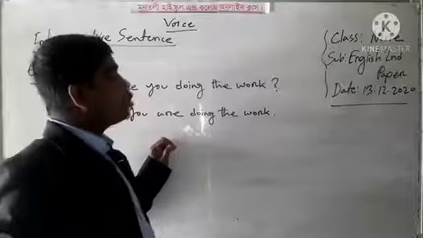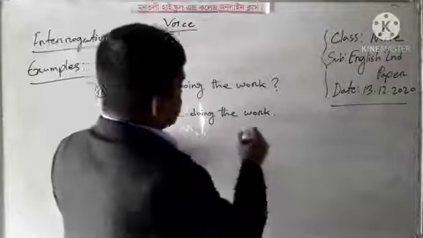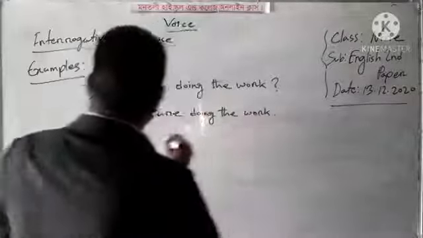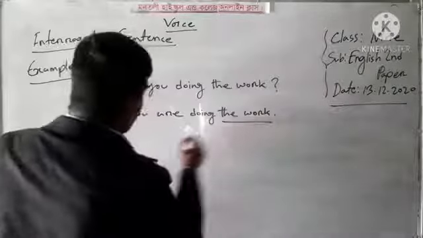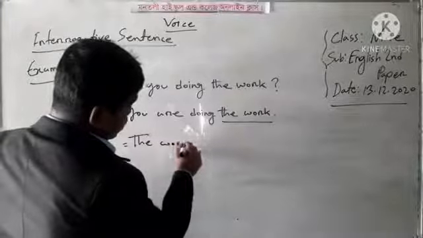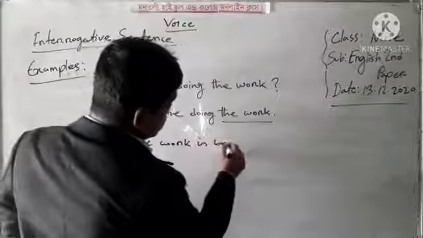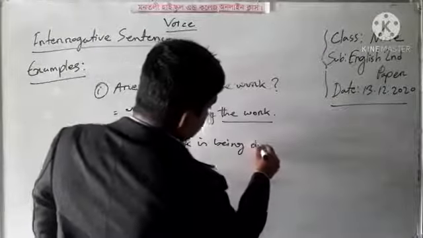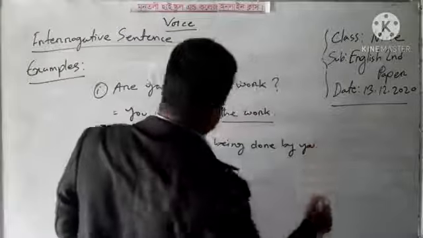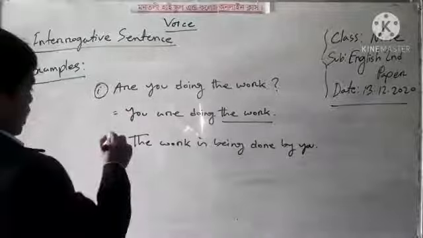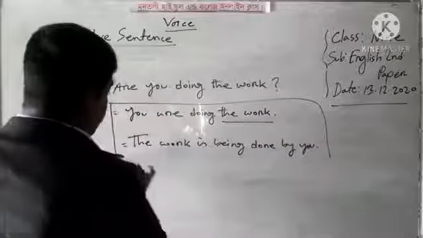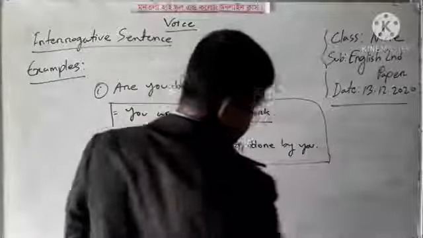So now the sentence has to change into passive. How can I change it? The work is being done by you. Okay, this is actually the rough form, and according to my direction I am doing this work.